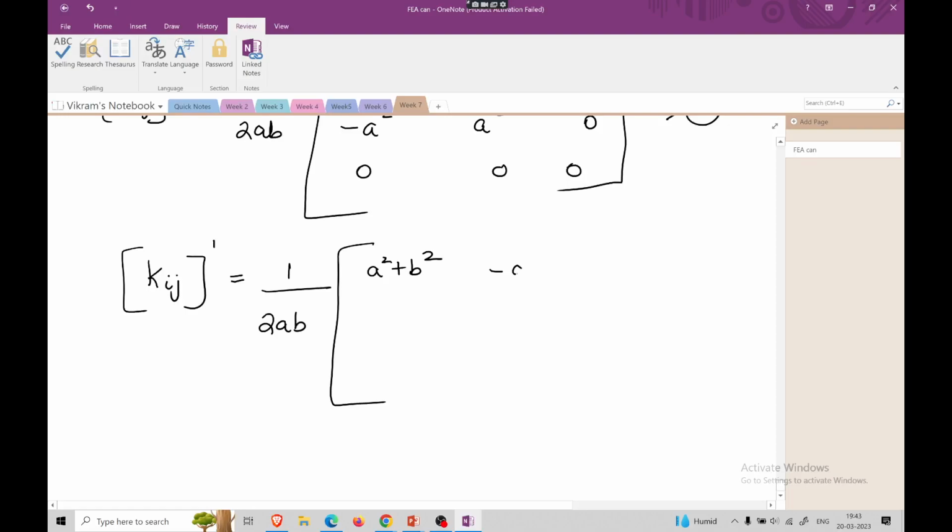Okay. So element 2, if you observe, it is like the same configuration, right? So this is number 1, this is number 2, this is number 3. So this side is equal to A, this side is equal to B. So similarly, 1 2 was along B, 2 3 is along the diagonal, and 3 1 is along A. So similarly here 1 2 is along B, 2 3 is along the diagonal, and 3 1 is along A. So for element 2 also the Kij will be the same.